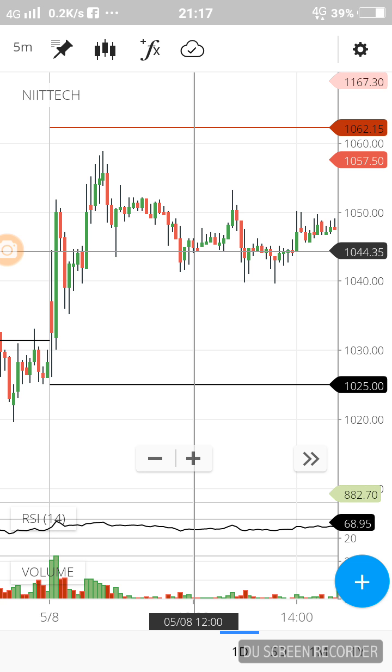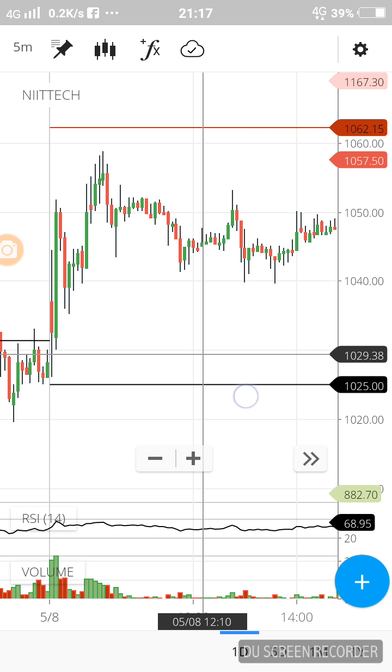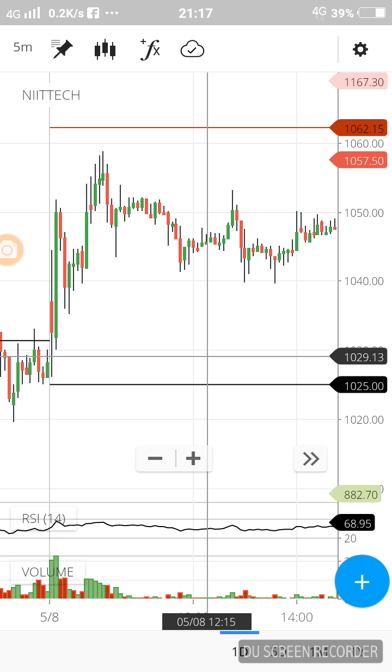So you reduce 15 rupees from 1044. Let's see how much you get. What you get is 1029, right? So 1029 is your stop loss. Your target is 15 rupees, the stop loss is 15 rupees.